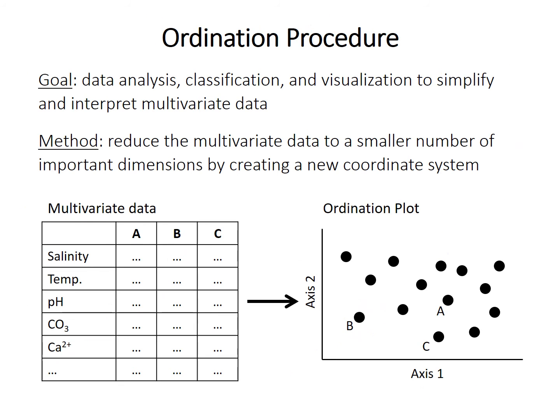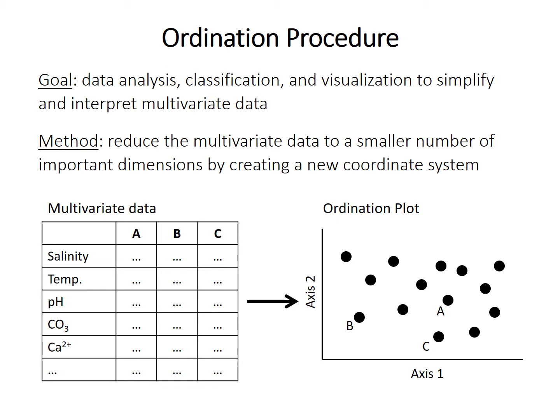So the goals of ordination are basically data analysis, classification, visualization, simplifying the data to aid in interpreting multivariate data, looking for gradients or patterns. I'll explain in more detail, but basically the method essentially creates a new coordinate system by rotating the original data.